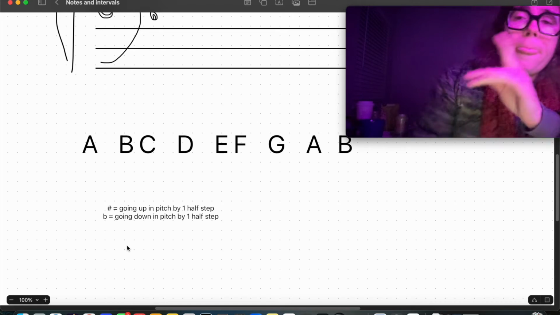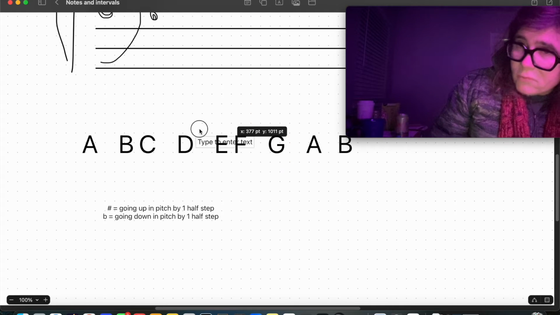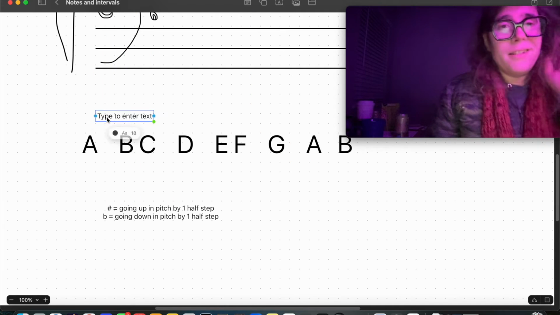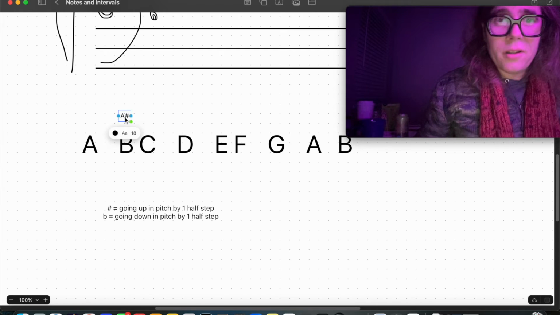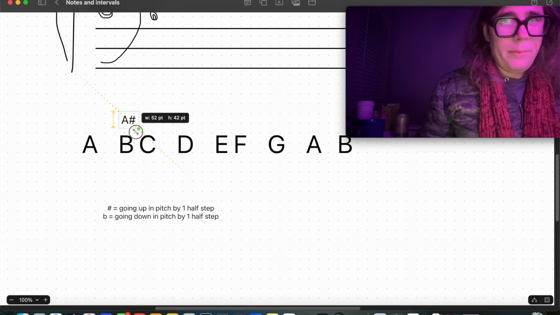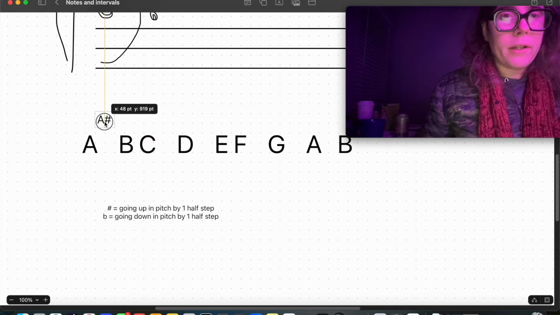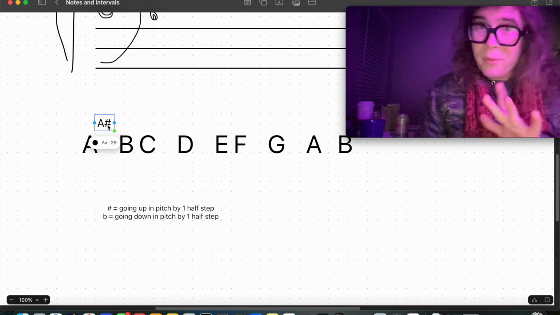So, if we were to go up from A, right, we would have A sharp. Make this a little smaller because we're going to need room for something else. But wait a minute, let's keep going with this idea.